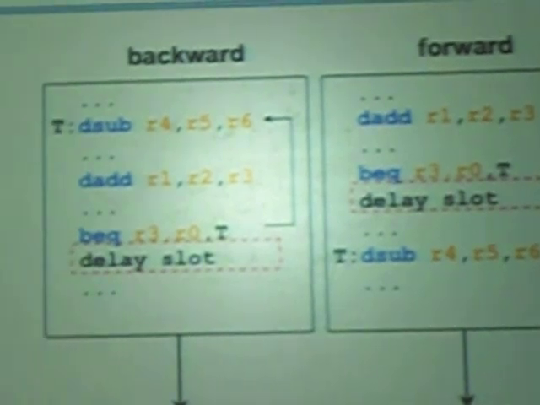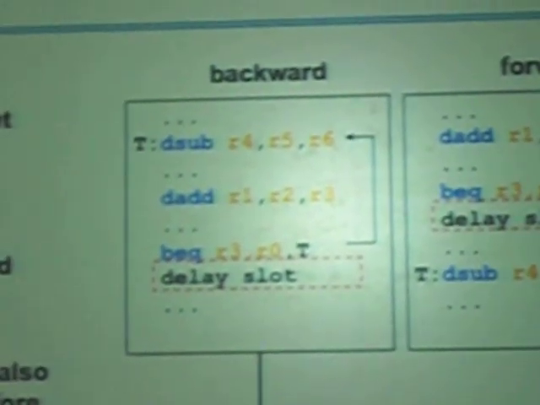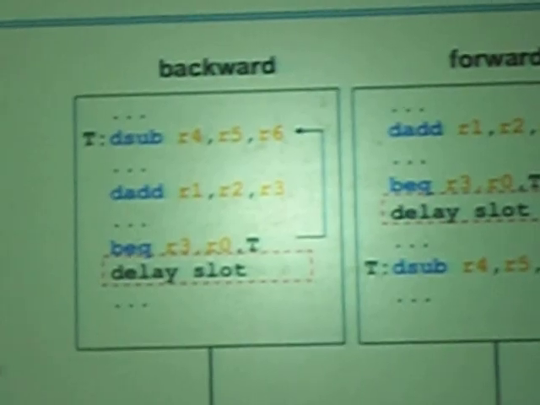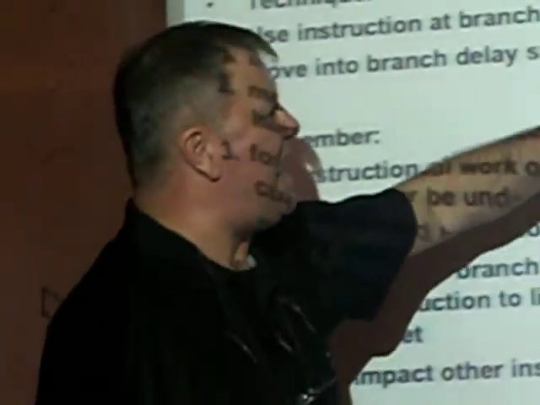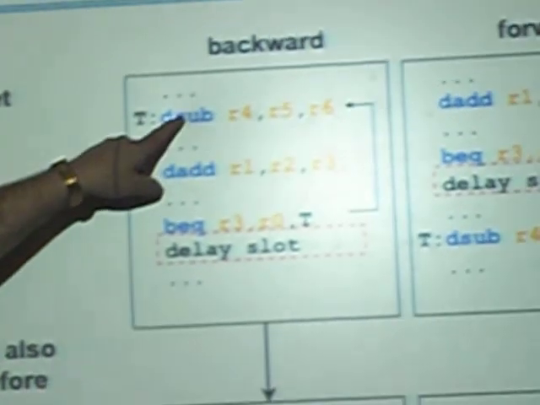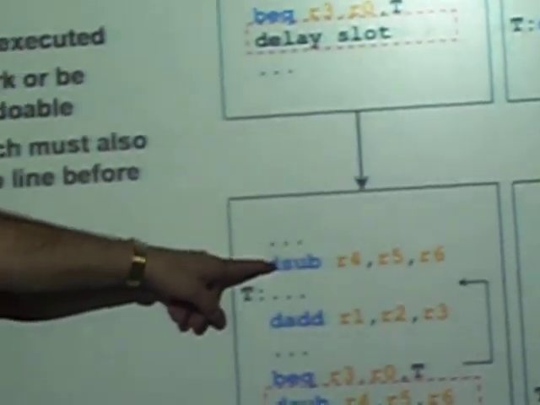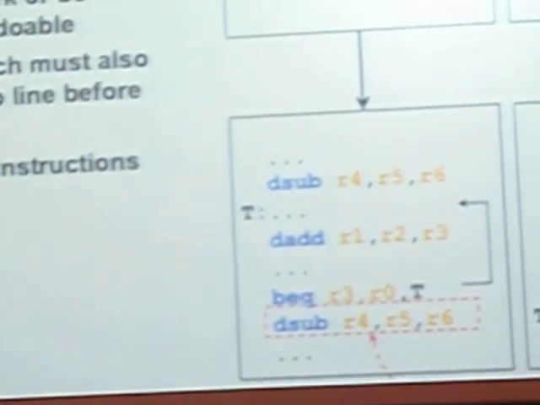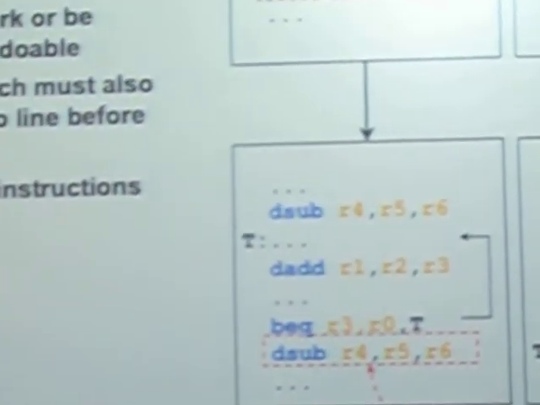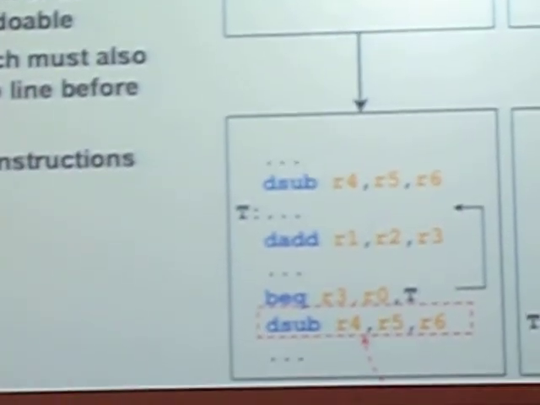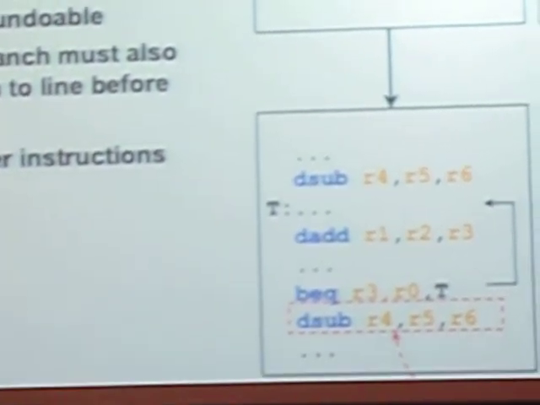Now, in many cases, you might have to sort of preload that instruction. See here, I had to preload it. I had to do it again, because otherwise it might have messed the loop up. So sometimes when rescheduling with a branch delay slot, you have to accommodate changes in the way the code executes. Now remember, the instruction is always executed, so it has to do useful work or be harmless or at least undoable.